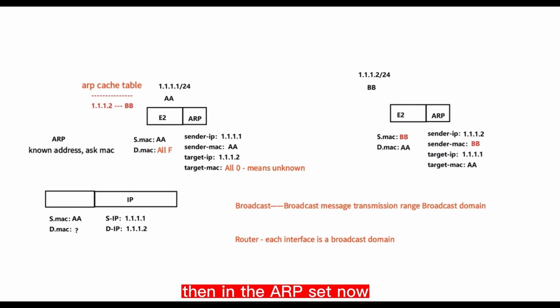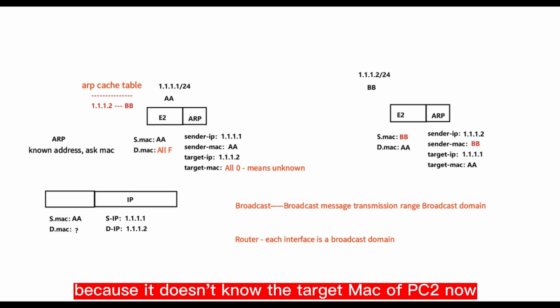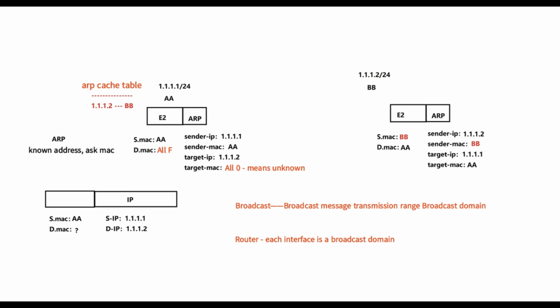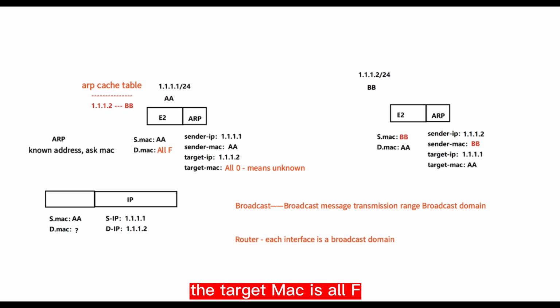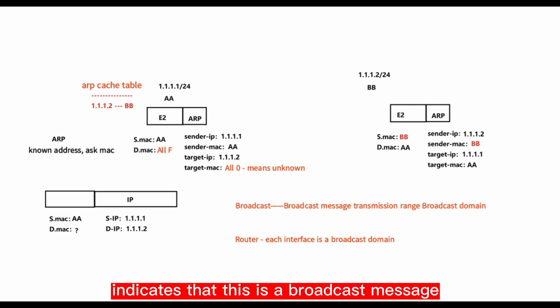In the ARP packet sent now, there is a sender IP and sender MAC of PC1, and a target IP of PC2. PC1 does not know the target MAC of PC2, so this position is all 0, representing unknown. Then the destination MAC in the second layer sent by PC1 is all F, indicating that this is a broadcast message.